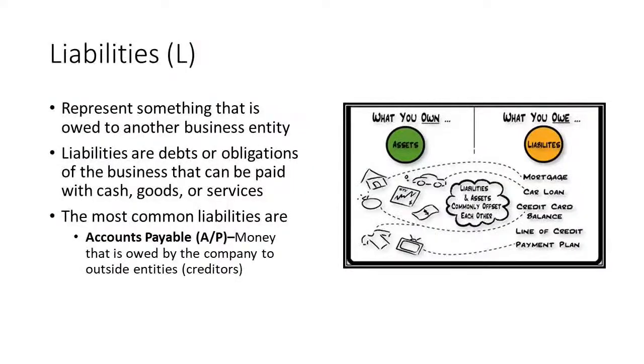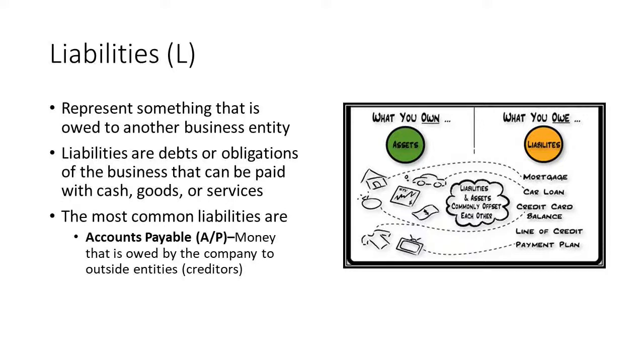Okay, next accounting element is the liabilities. Liabilities represent something that is owed to another entity. So in other words, my business, let's say Carol's Cupcakes, owes money on some equipment that I purchased on account.